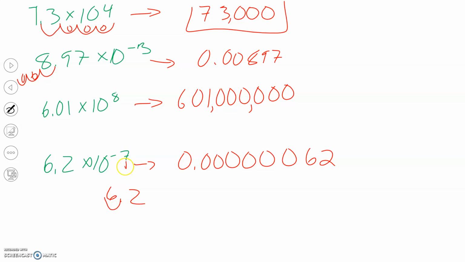So with this one, I know that 6 of these are going to be zeros with one number. So I can very quickly write these out, and then I know 1, 2, 3, 4, 5, 6, and that finishes out all of our movements there.